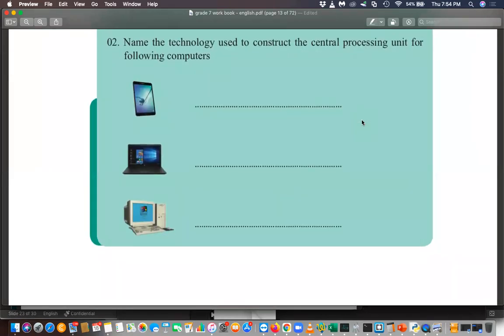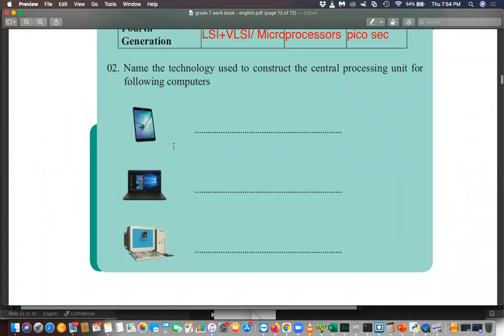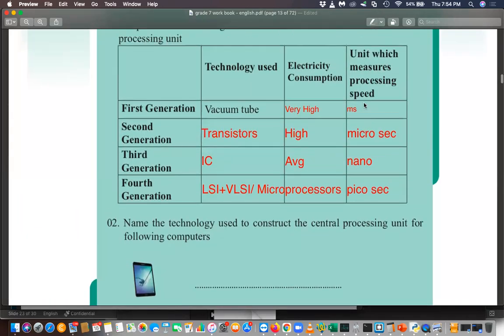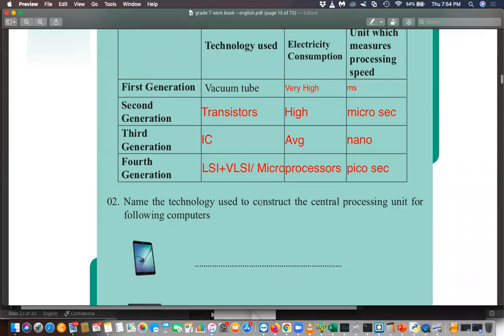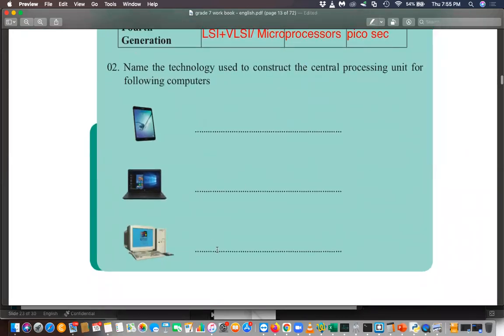Name the technology used to construct the central processing unit in the following computers. What do you think the technology is? Is it vacuum tubes, transistors, ICs, or microprocessors? Who says vacuum tubes? How can vacuum tubes scale? Is anything out of this constructed using vacuum tubes?